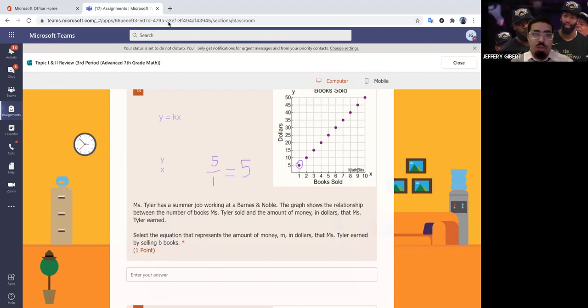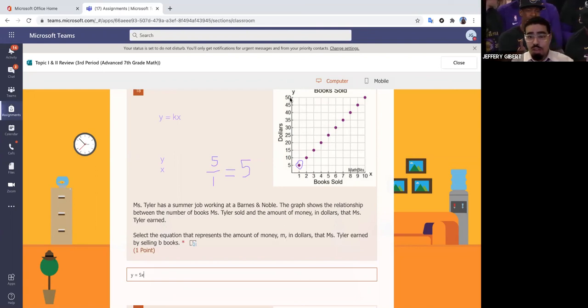So our answer would be y equals 5x. However, they told you that the y is actually M, and the x is actually B for books. So it'd be M equals 5B.